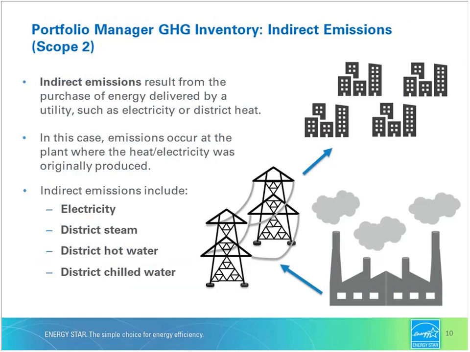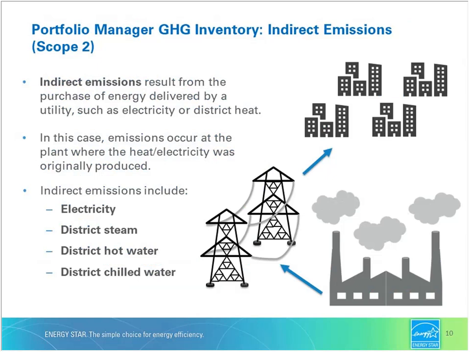All right, now we're going to talk about indirect emissions, which frequently fall into Scope 2 in the greenhouse gas accounting world. These are emissions that result from the purchase of energy that is delivered by a utility.